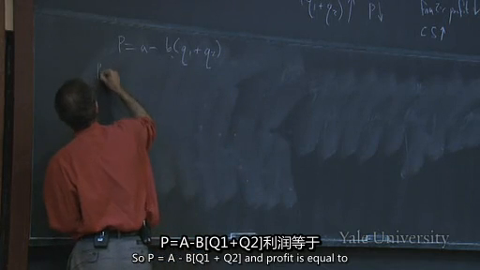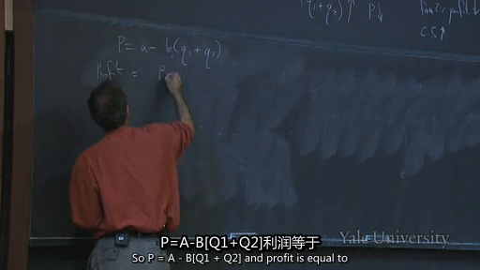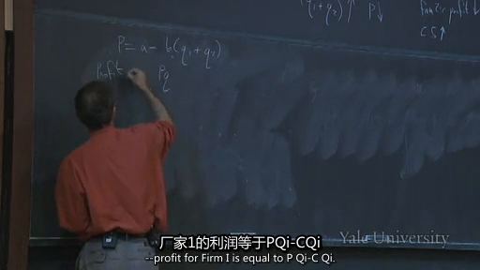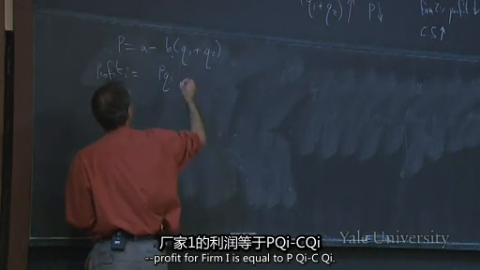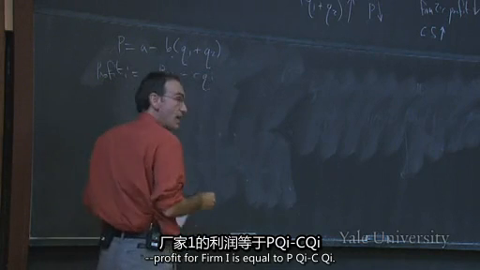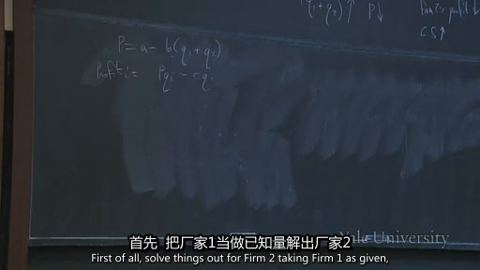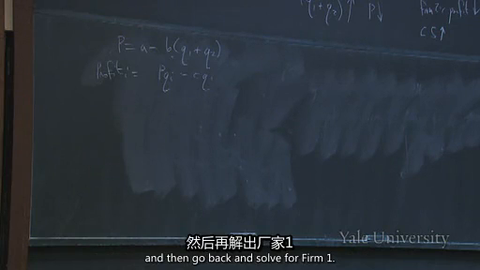So P equals A minus B(Q1 plus Q2). And profit for firm i is equal to P Qi minus C Qi. All right? And what we're told to do in backward induction is what? First of all, solve things out for firm 2, taking firm 1 as given, and then go back and solve for firm 1.